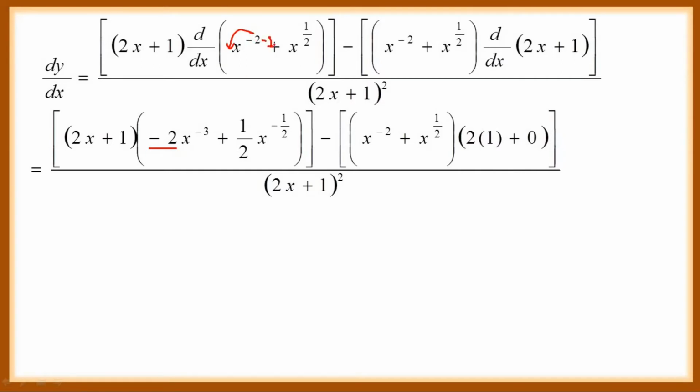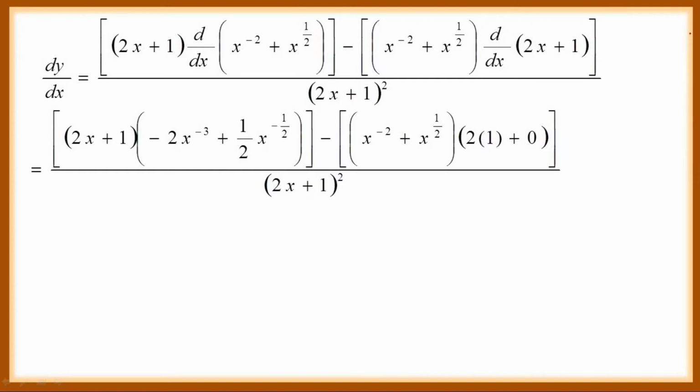So, negative 2 minus 1, kaya siya naging negative 3. And then, for our x raised to 1 half, same process, ibababa natin si exponent. Kaya andito si 1 half. And then, 1 half minus 1, that is equal to negative 1 half. We are good.